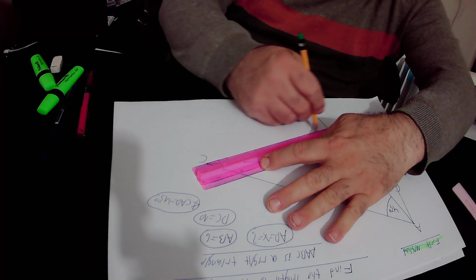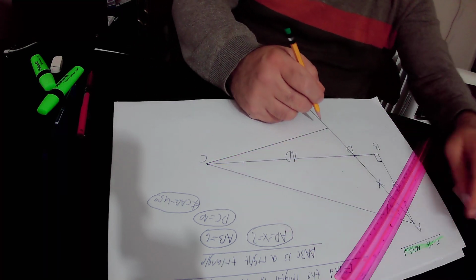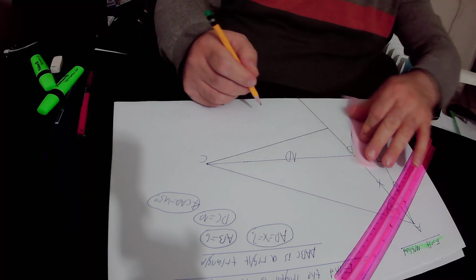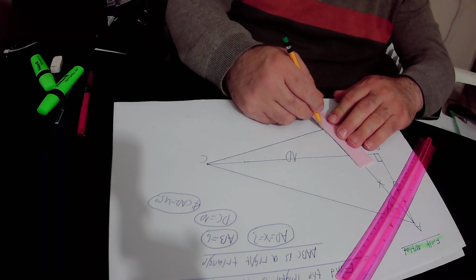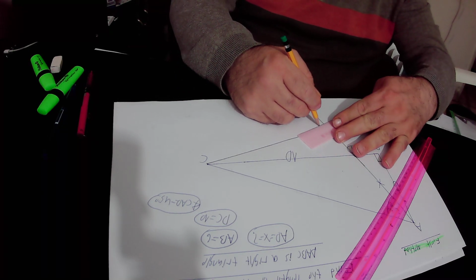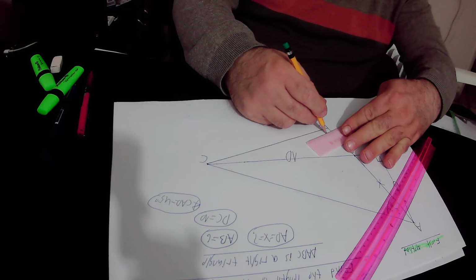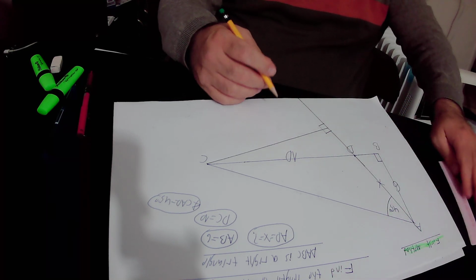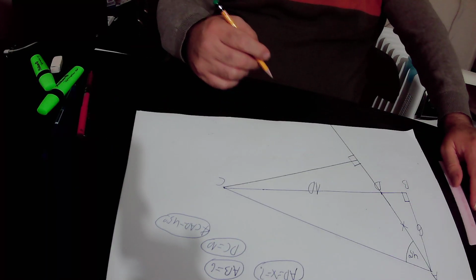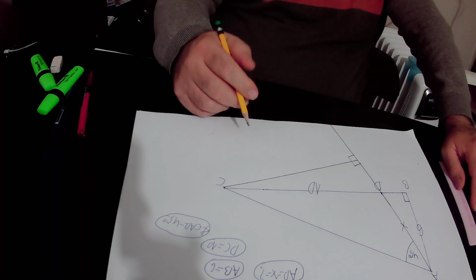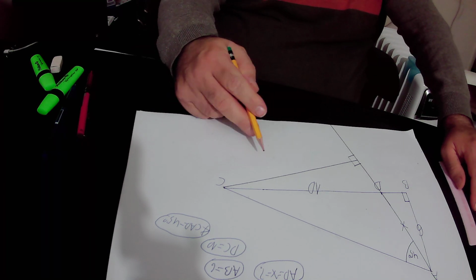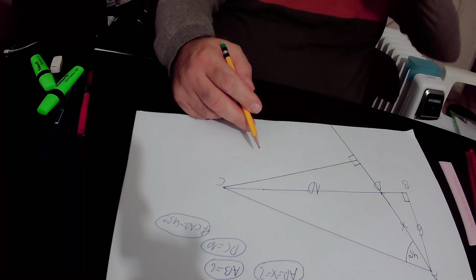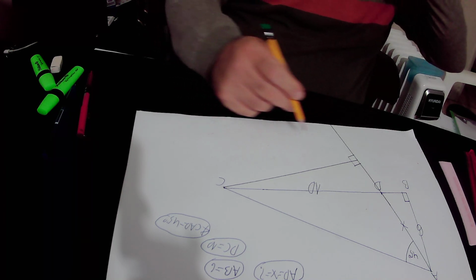So this angle will be equal to 90 degrees, and this angle will also be equal to 90 degrees, and we will define the touching point of the perpendicular from point C and the extended AD as point E.